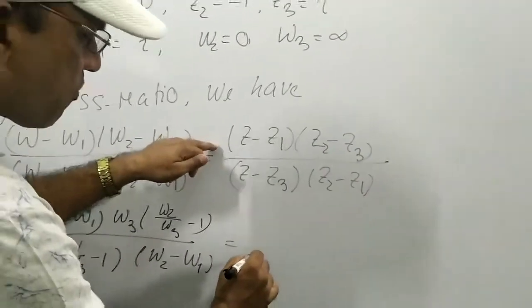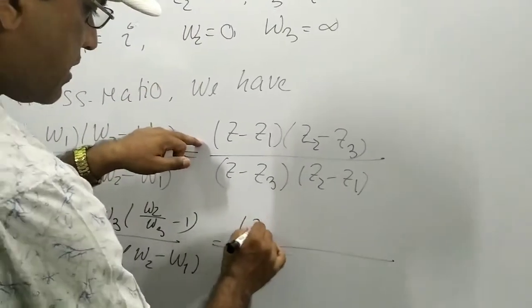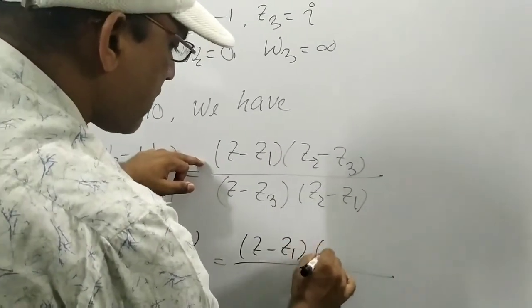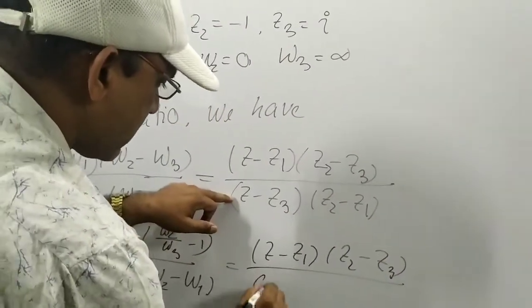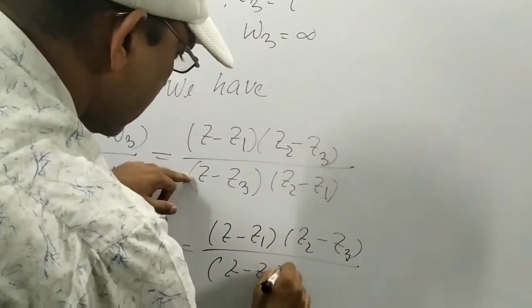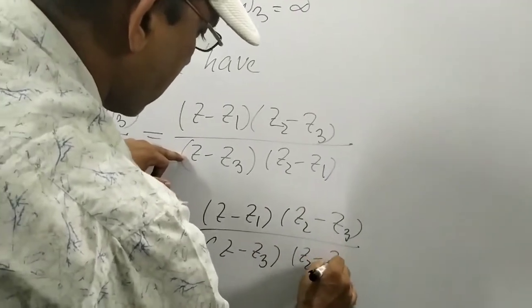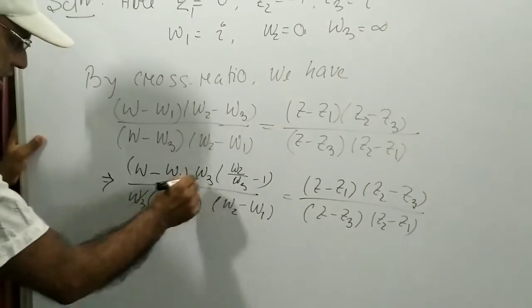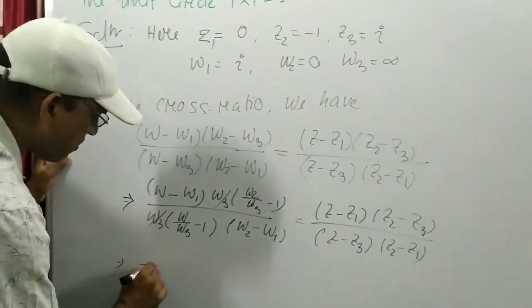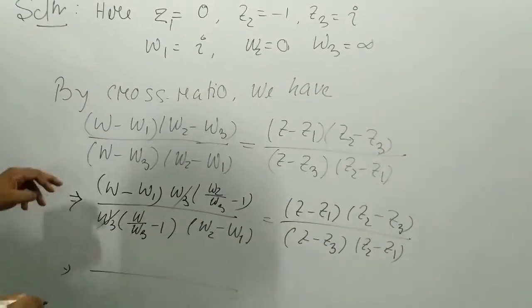The right hand side has no problem, these remain the same: (z - z1)(z2 - z3) / ((z - z3)(z2 - z1)). Now these two are cancelled and we put the values of w1, w2, w3.